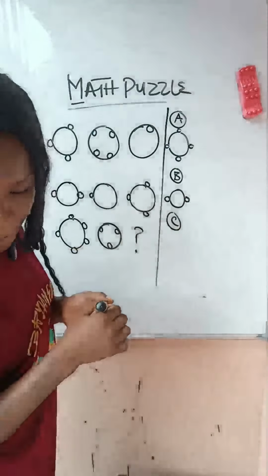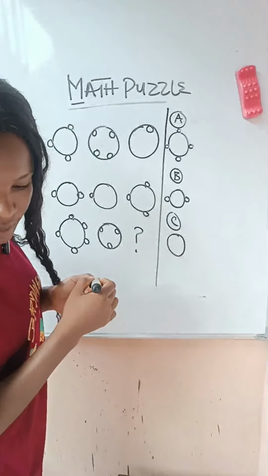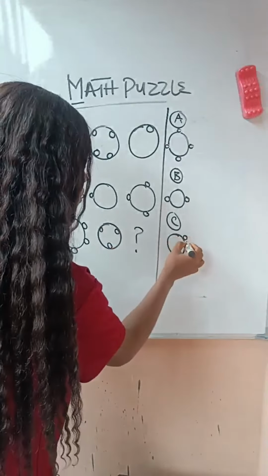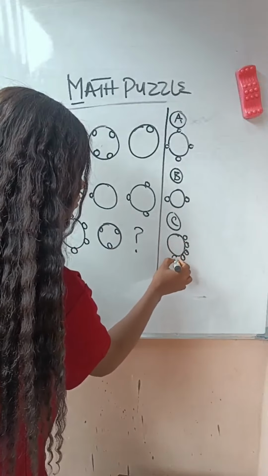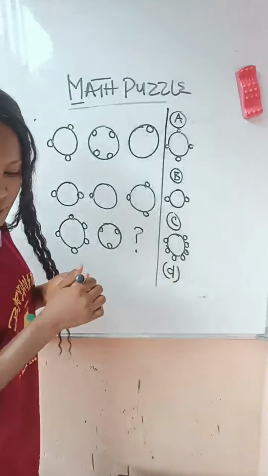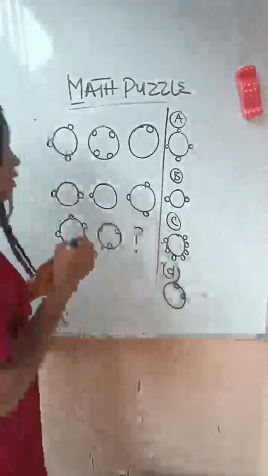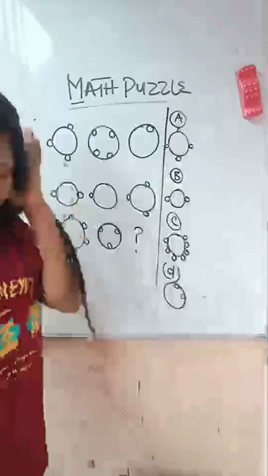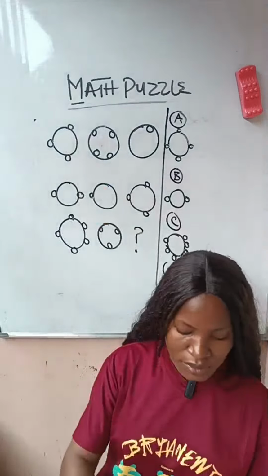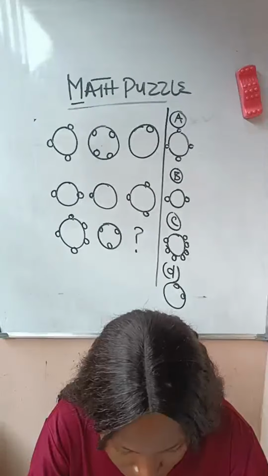Option C, we have this. And we have D, the final one. We have this. Okay, that is the question. Which is the right option?